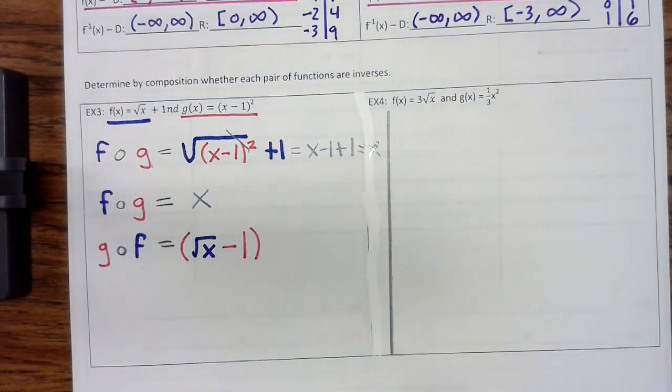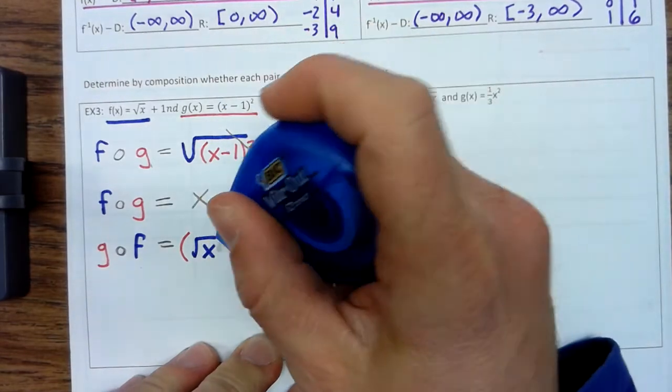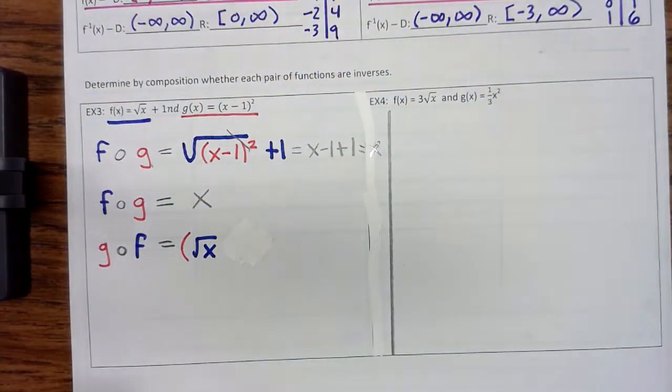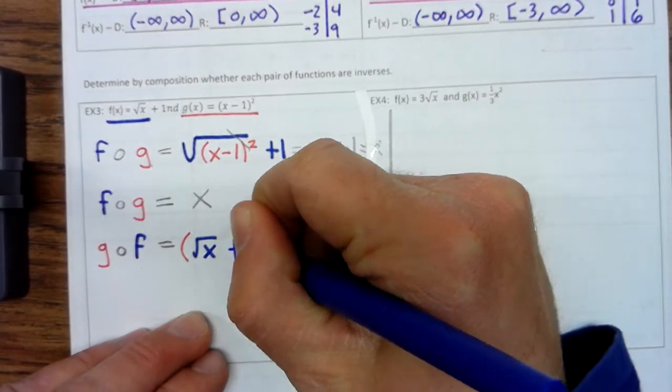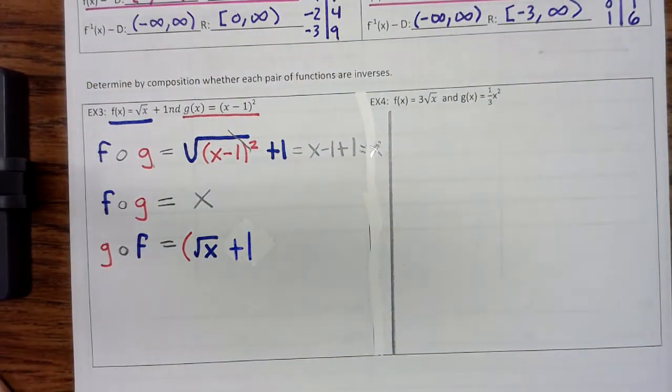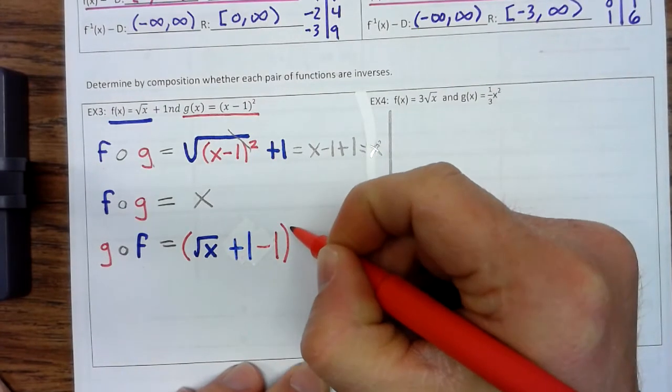Oh, wait a second. We're making some mistakes today. Square root of x plus 1 minus 1 squared.